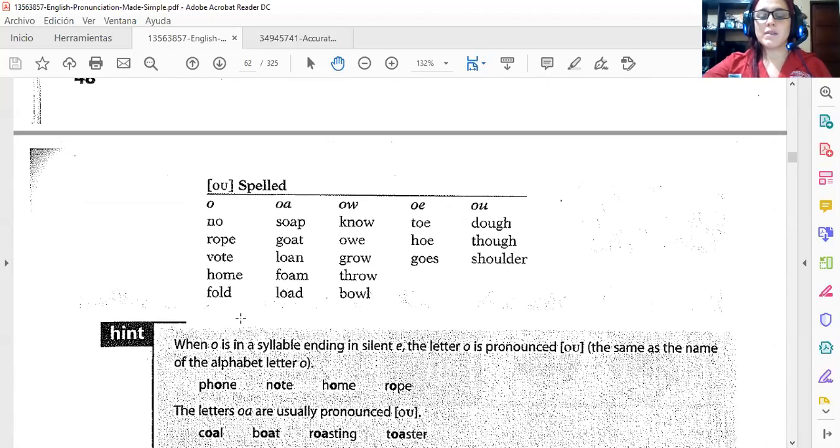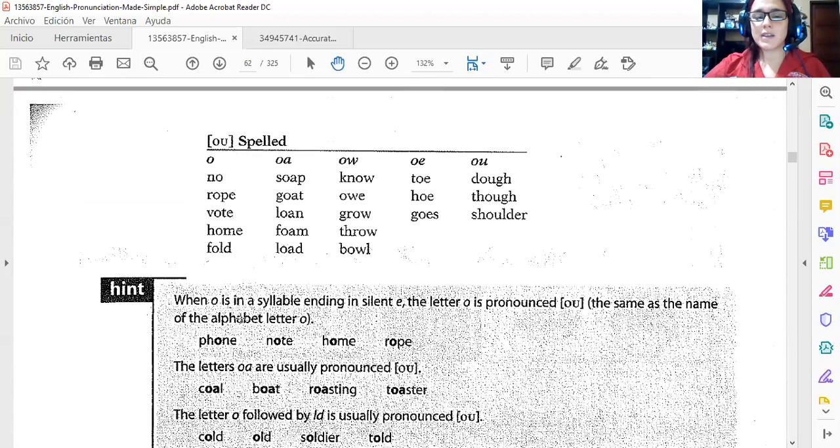Okay, here we have some guidance on the common spelling patterns where you're going to find these sounds. This sound is only O. So you have the letter O, OA, OW, OE, and OU. I'm going to say the words and the idea is that you repeat.